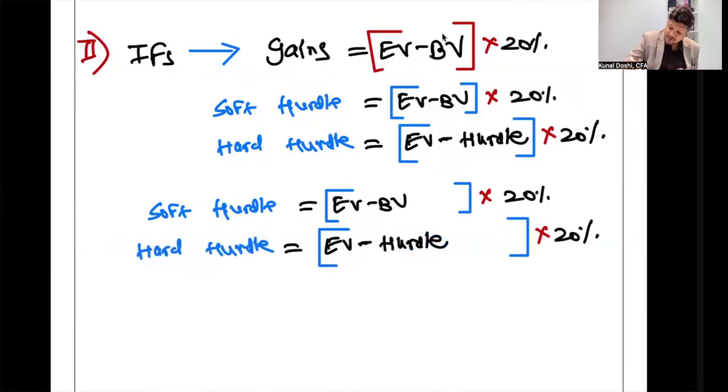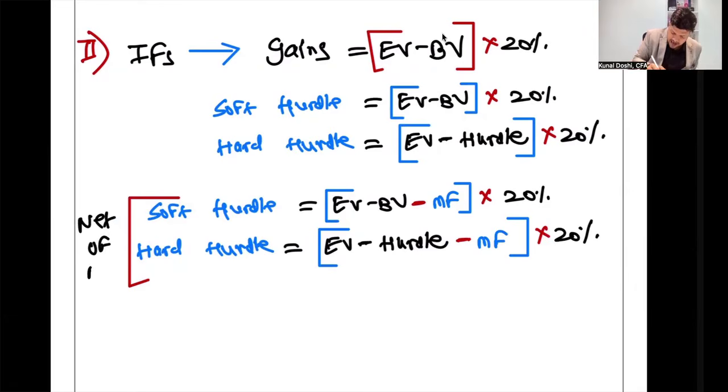The management fee also. Will the management fee increase my fees or reduce my fees? That will reduce my fees. So this is if they say net of management fee. From the total gain, you'll subtract the management fee also.